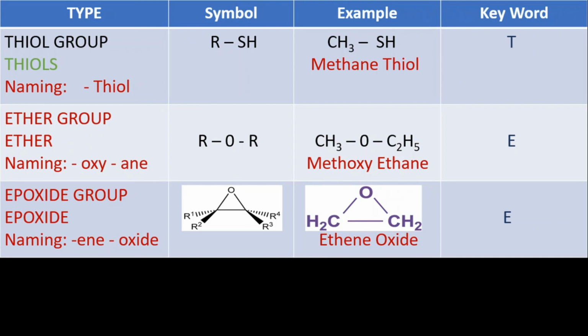It is cyclic in nature, and it is produced from ethene. So we will use the word ethene at the start and it will be followed by the word oxide to indicate the presence of oxygen. If we have propene in its place, then the name will be propene oxide. Normally, to remember the epoxides, we use the letter E as a keyword.